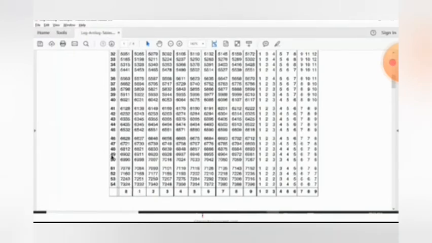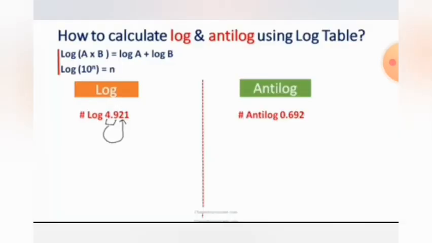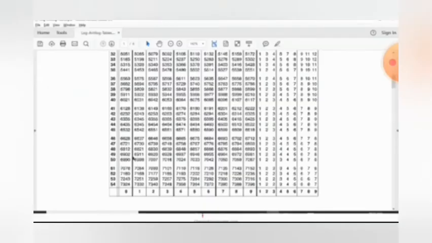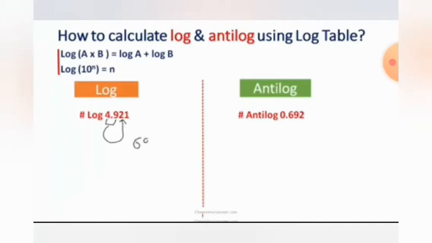Take 49 from the extreme left of the log table and move across to find the value corresponding to 49 from the 2's column. In that column, you can see 0, 1, 2, 3, 4, etc. Different columns are there, and the value corresponding to 49 from the 2's column is taken.